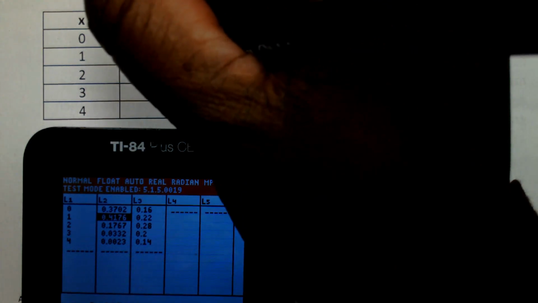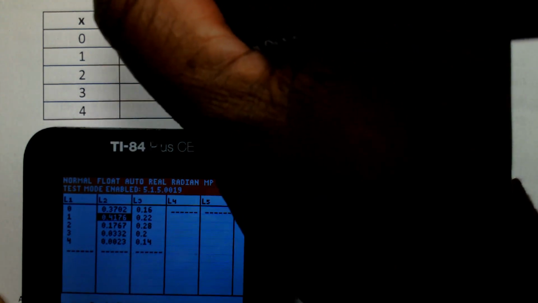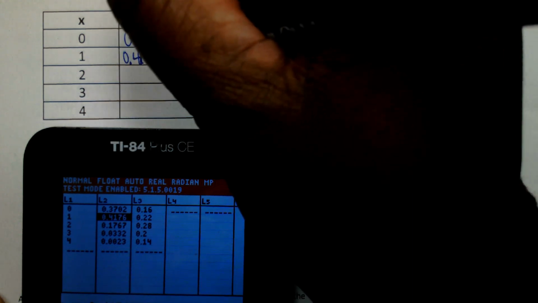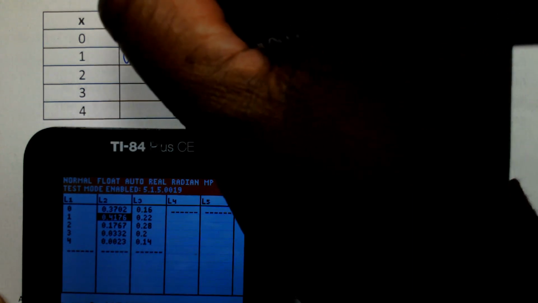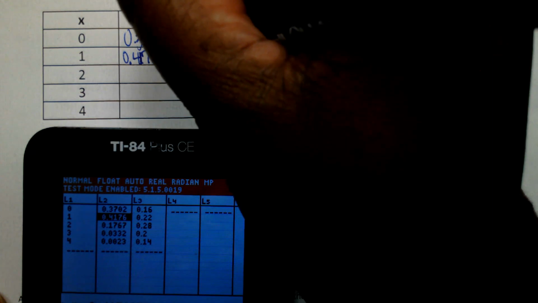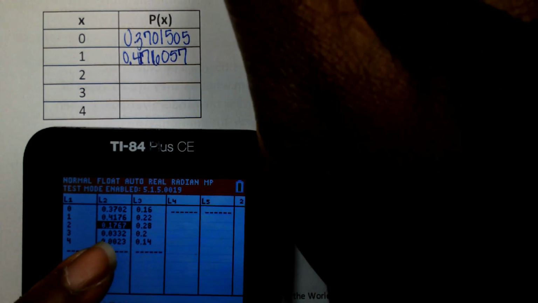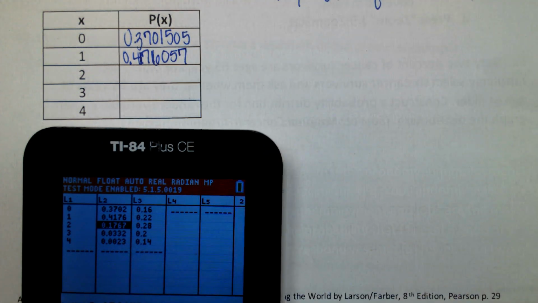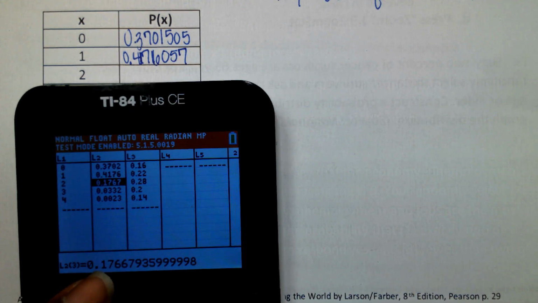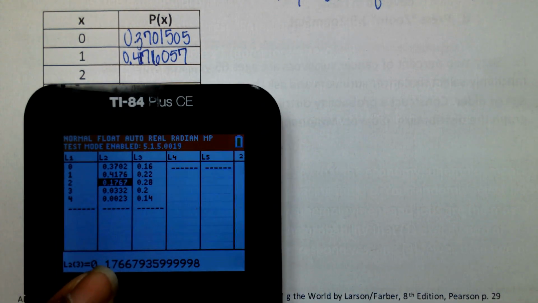Alright, 417. I'm just going to put some numbers going down. I'm hitting the down arrow so I can read these numbers.